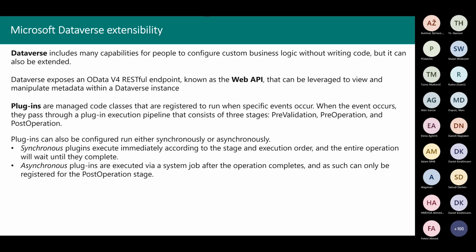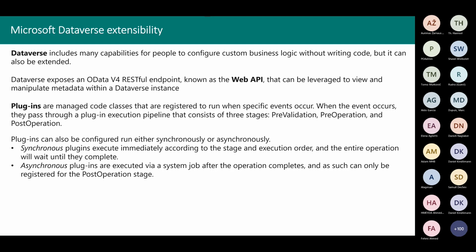Or plugins can also be asynchronous. Asynchronous means that the plugin is not executed immediately, but it is executed via a system job. It's queued and executed asynchronously. This means that you can register an asynchronous plugin only on the post-operation of an entity.